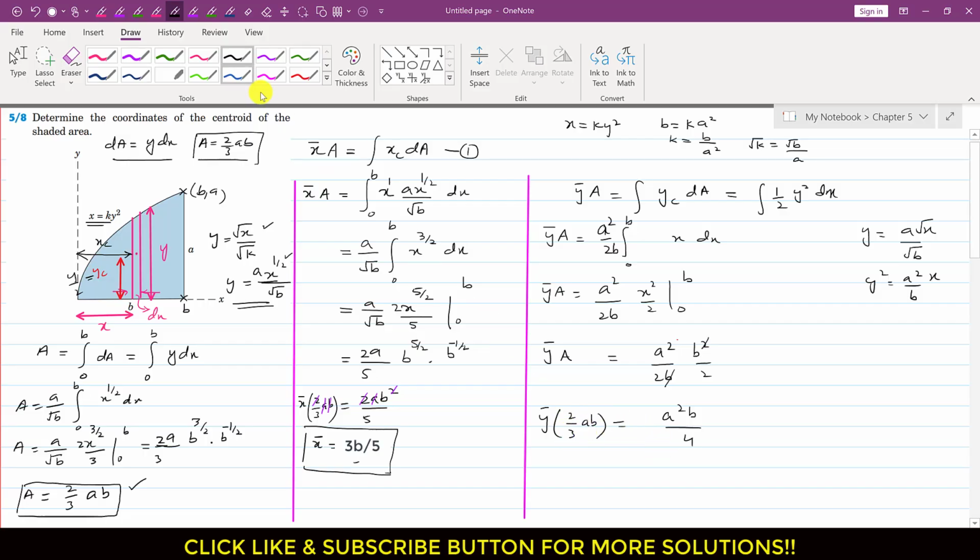So one a will cancel out again, this b will cancel out. So y bar will be equal to, if we cross multiply this, 3 divided by 8 a, right? So this is the y coordinate of the centroid of this shaded area.